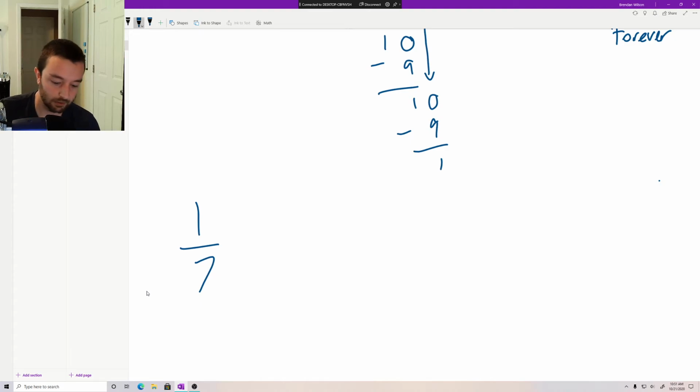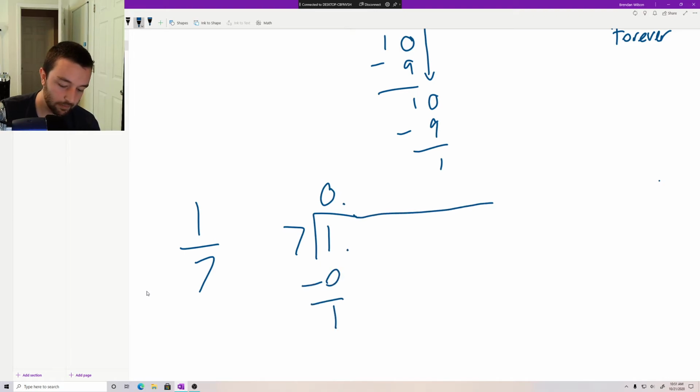Okay. Let's look at 1/7. This one's a really long one, so I'll go through it. It'll take a minute to get through it. 7 goes into 1 0 times. Okay. So we add a decimal place. And now 7 goes into 10 one time.